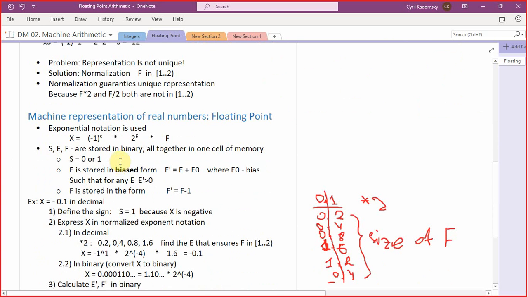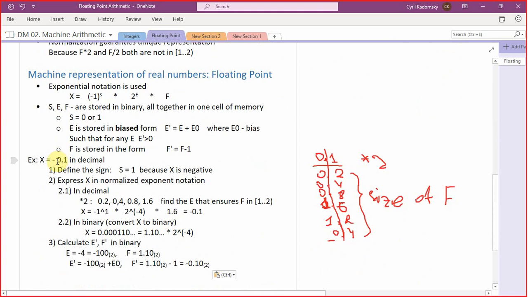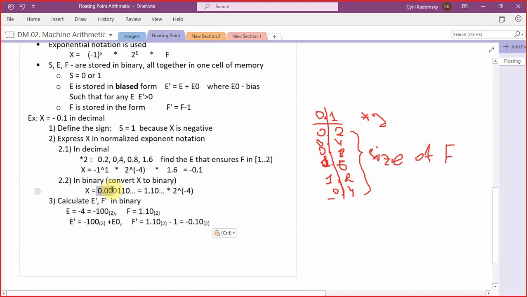And when we have a certain number, the easiest way is to convert it to binary and find the power of 2 that we need to multiply it by, so that the point will be after the first one. So the number will be between 1 and 2.